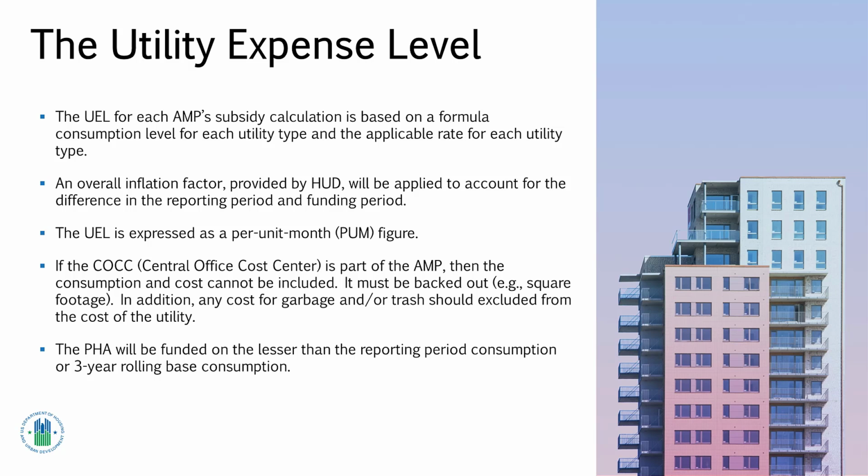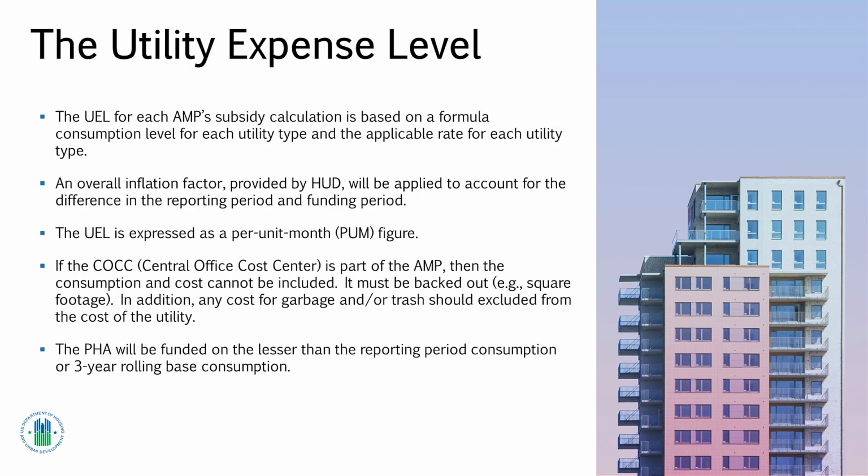The UEL for each AMP subsidy calculation is based on a formula for each utility type and the related rate for that utility. There's an inflation factor applied to account for the difference between the reporting period activity and the funding period. Since we're capturing this data almost 18 months prior to the funding, it has to be inflated to some degree to true up the amount of funds we should be receiving.